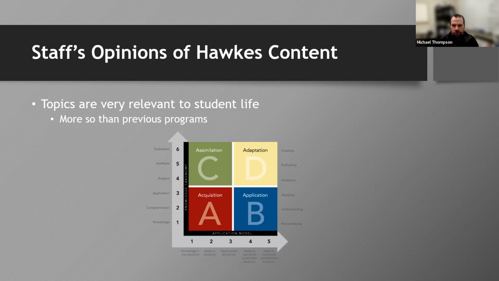I think if a student looks at something and says, oh, I can use this, this is relevant, they're much more likely to accept the challenge and work towards it. I think that the more relevant something is, the more rigorous it can be, because students see the value in it. And I definitely see that in this program. So that was something that we noticed as well, that topics are much more relevant to student life than the other programs that we had tried.